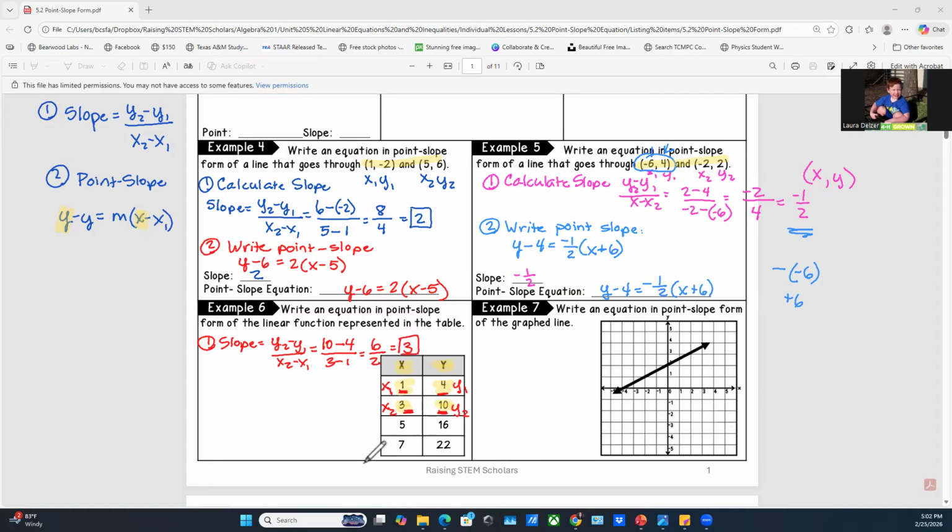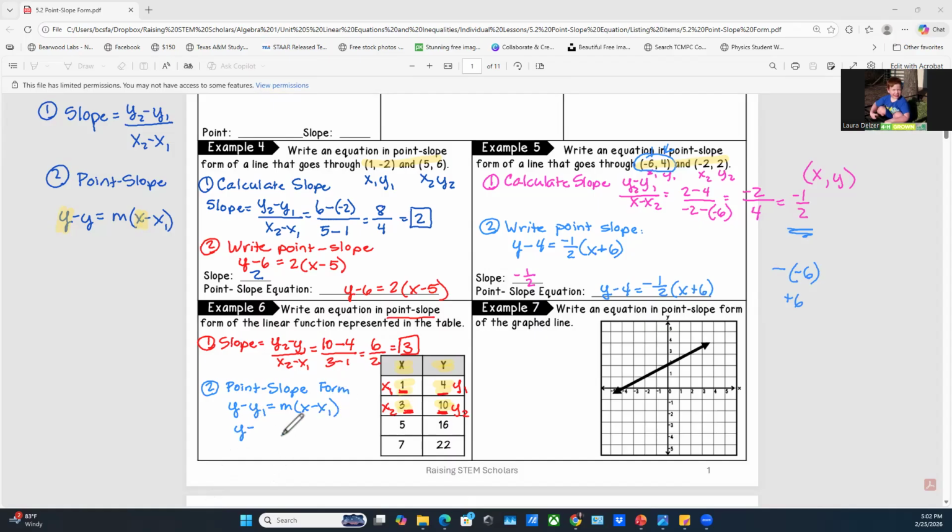But we still haven't written our equation. It told us to write it in point slope form. So we're going to have to go on and do that. Okay, so my second part is I'm going to write it in point slope form. So my equation is y minus y1 equals m times x minus x1.